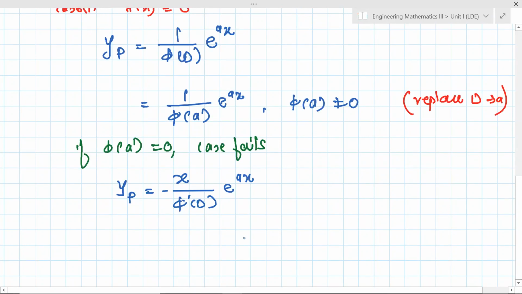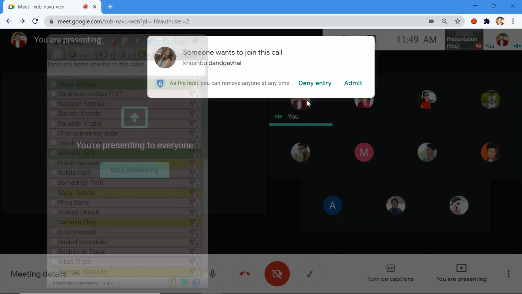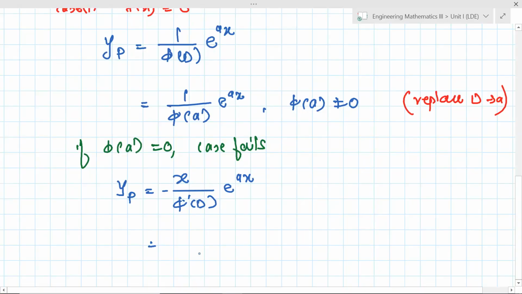So this is x divided by phi dash of a into e raised to ax, again provided that phi dash of a is not equal to 0. If it is 0, then again the case fails.